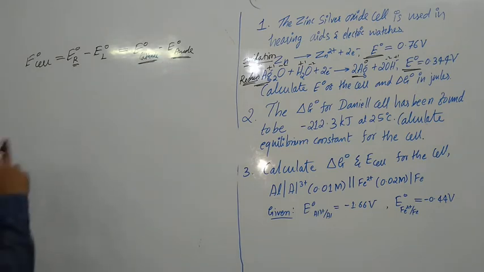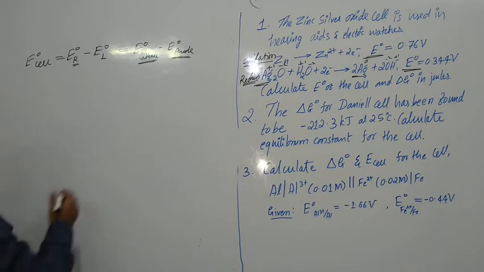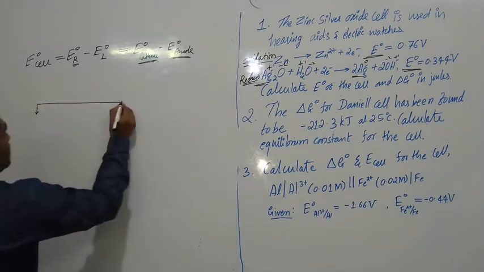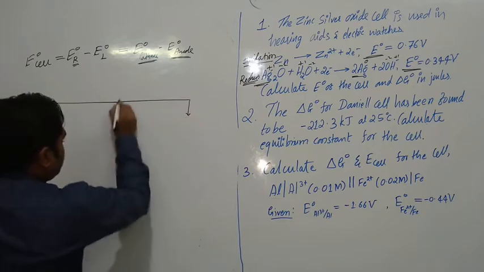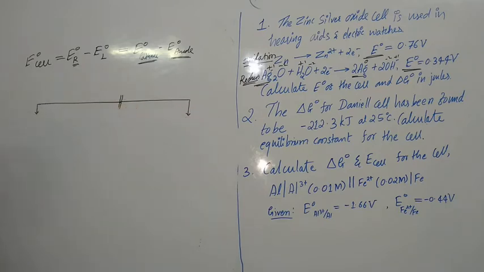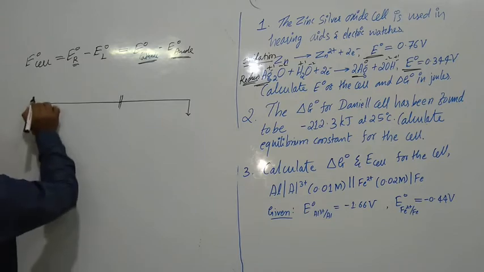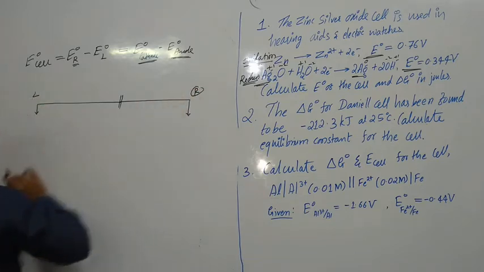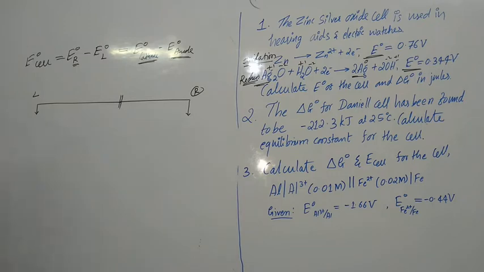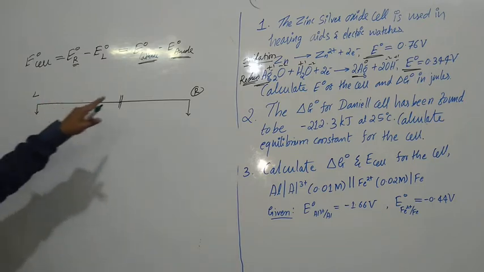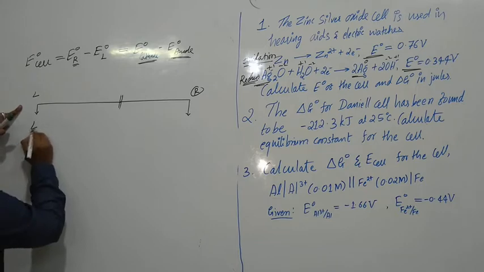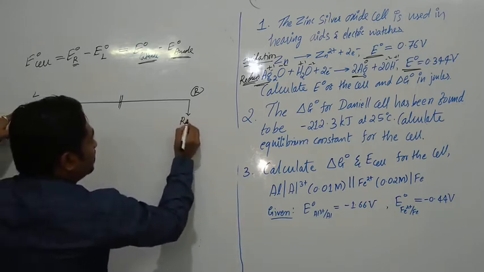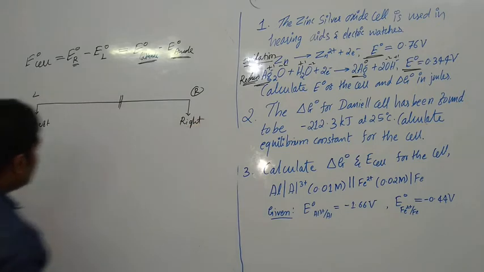To remember this, I'll give one simple trick. Let us imagine this is my cell. This is the left hand side, this is the right hand side. Alphabetically, which comes first, left or right? L, M, N, O, P, Q, R. L comes first, so I will write left first, then right.